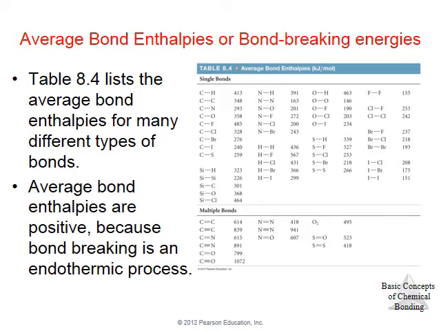Now, the table here shows average bond enthalpies or bond breaking energies. Now, why do we use the term average? Because for different bonds, as you see here, for example, the carbon-hydrogen bond, the energy is shown as 413 kilojoule per mole.